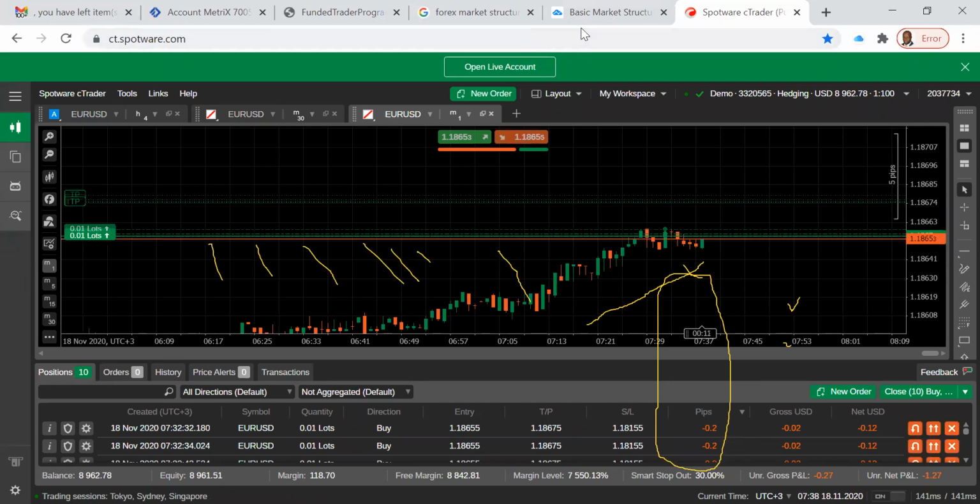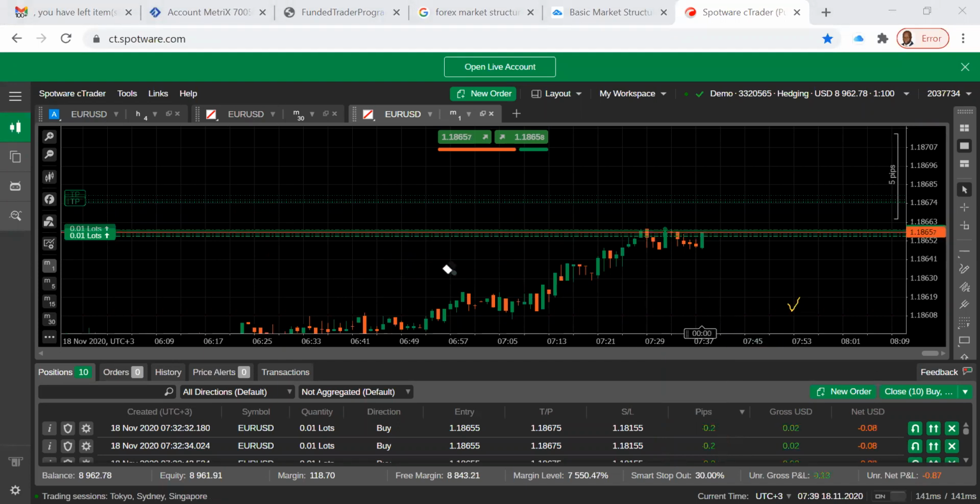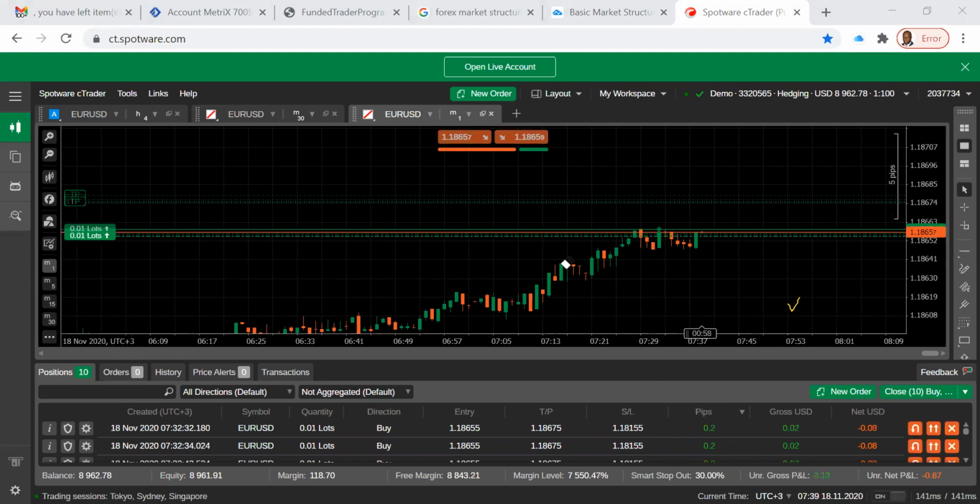Let me see if I can erase this. So the brokers make money in each trade as you enter the trade. For example, right here, I had set myself to enter the market at a particular time. Okay, 1 second.